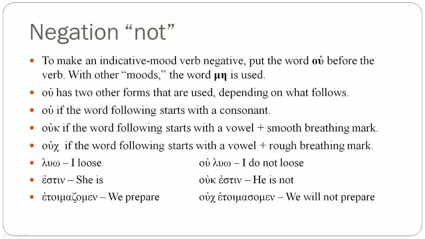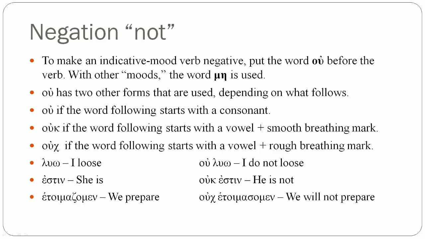And if the word following oo starts with a vowel and there is a rough breathing mark over that vowel or diphthong, you're going to see omicron upsilon chi, ook. So three forms, but they all mean the same thing, and it pretty much depends on what follows this negation word.